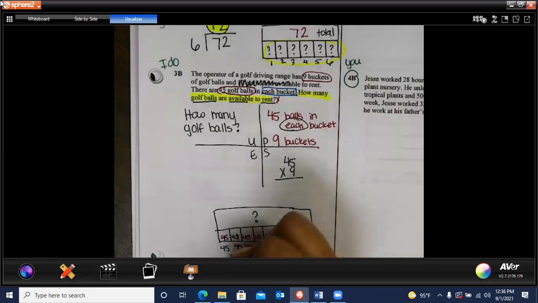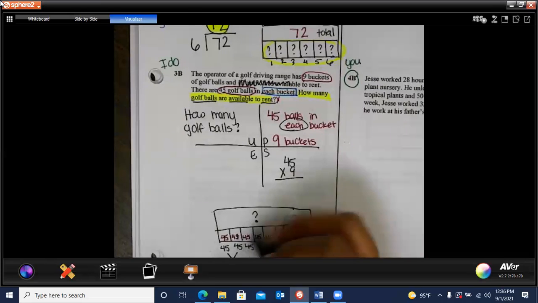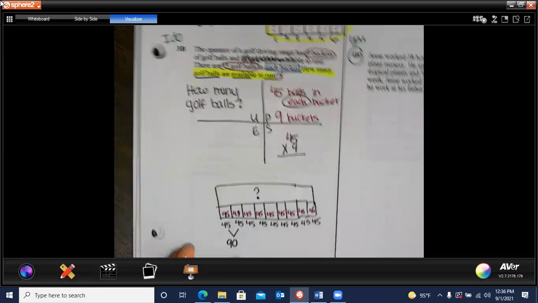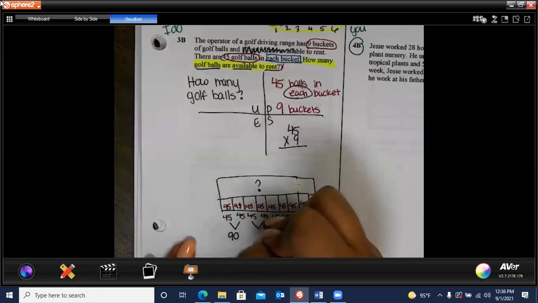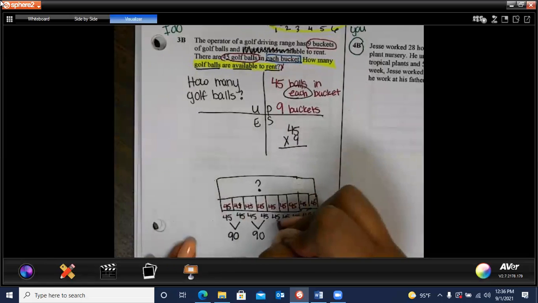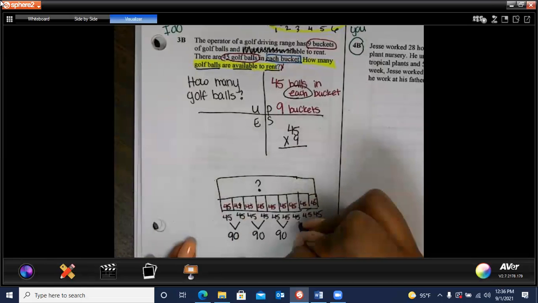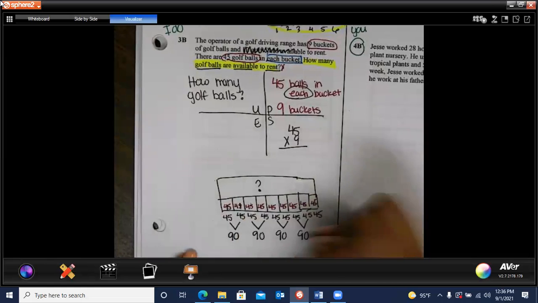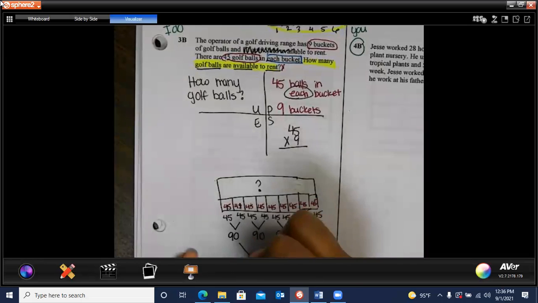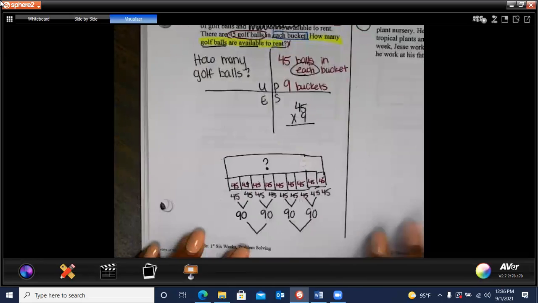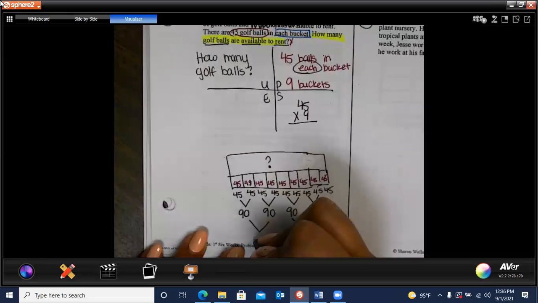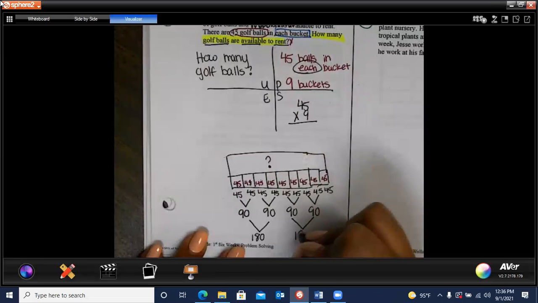If you cannot do that, you can add. What's 45 plus 45? 90. And again, 45 plus 45, 90, 90. What's 90 plus 90? 180.